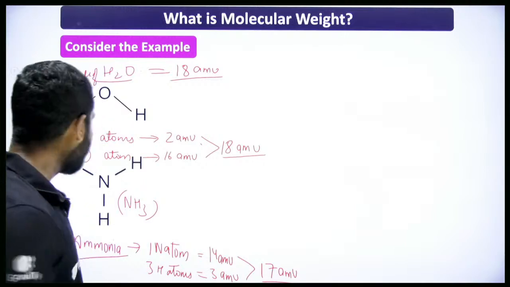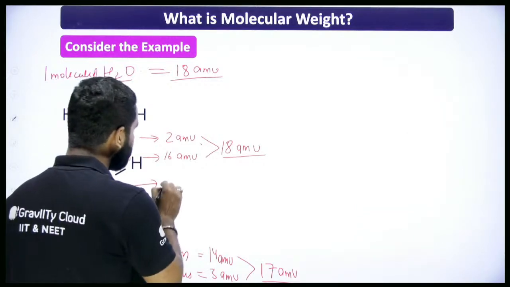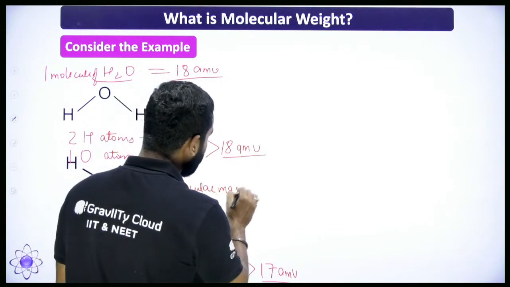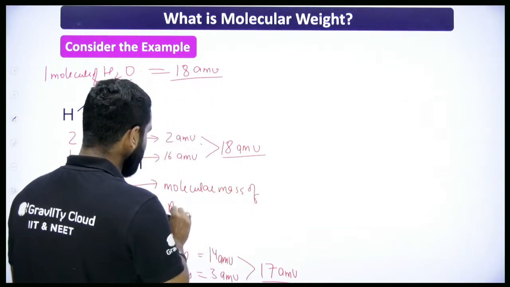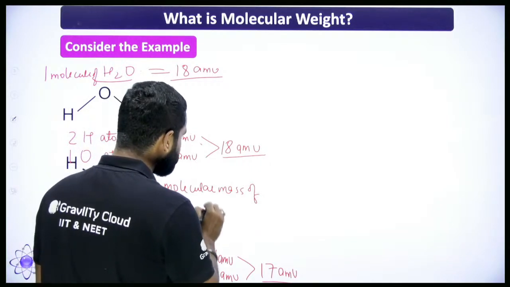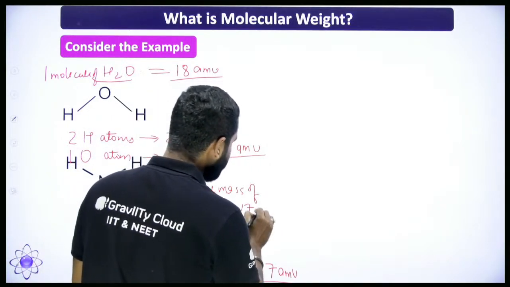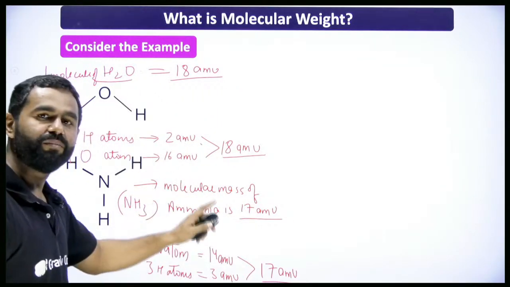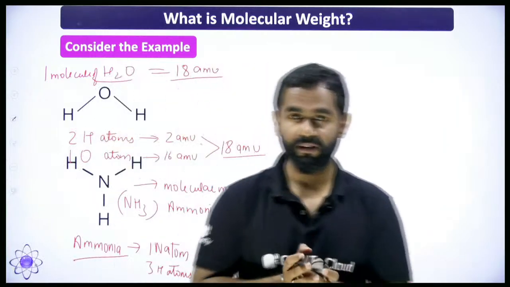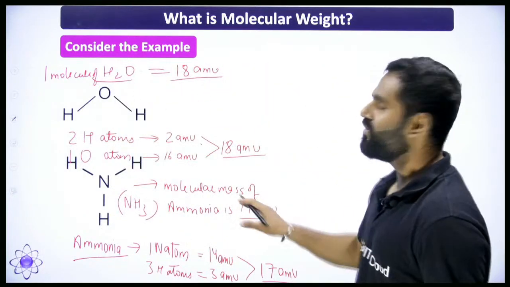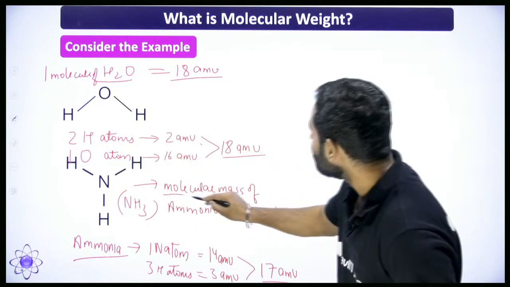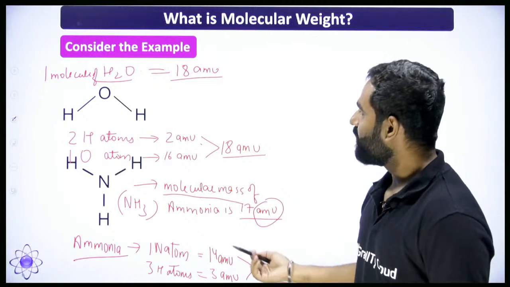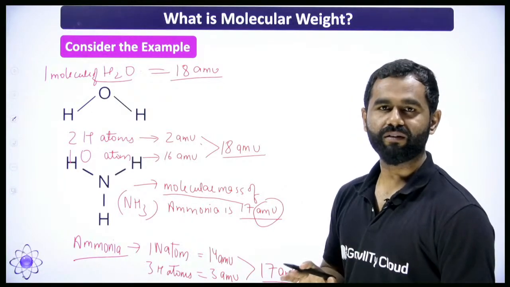So the molecular mass of ammonia is 17 AMU. Molecular mass means the mass of one molecule of ammonia. Always remember that molecular mass is written in AMU.